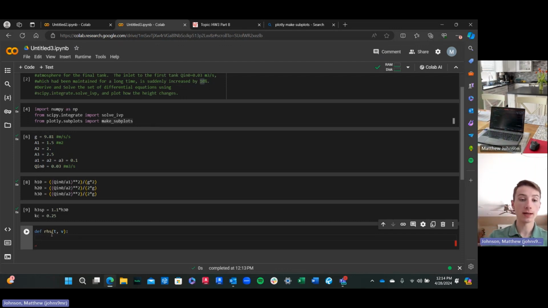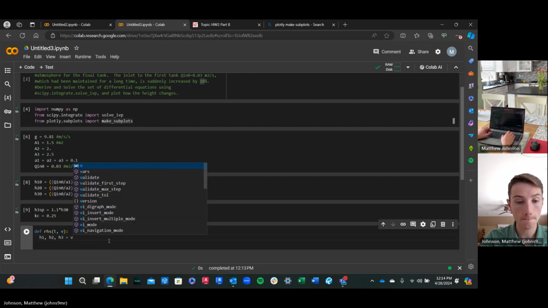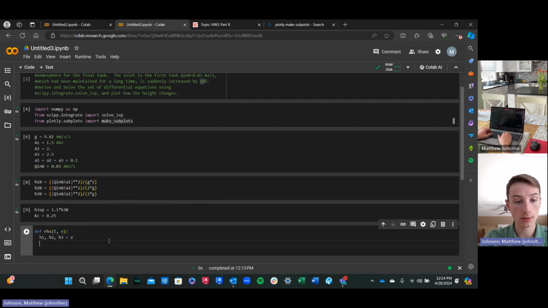The reason I put V here, it stands for vector. We need to define what H1, H2, and H3 are as they're changing. So that's going to be this vector here. So we have H1, comma, H2, H3 equals V. And remember we have an error that exists between our set point and what the current state of H3 is. That's what the controller then sees and adjusts to.